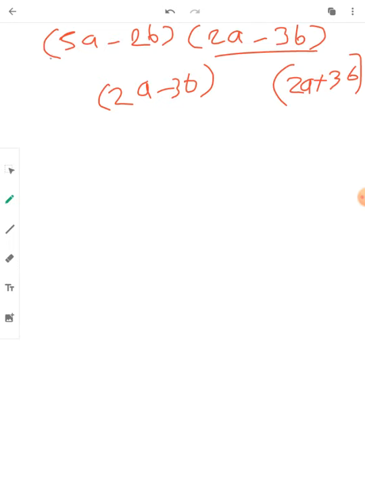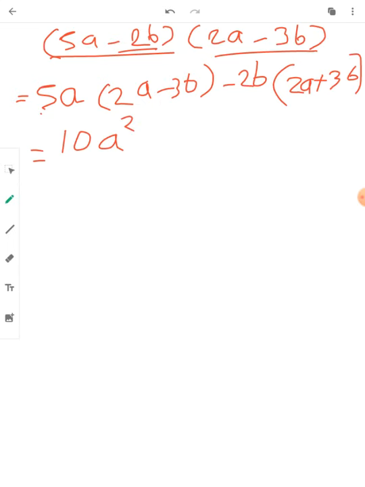So you are going to multiply by this. 5a is not 59. 5a. Without changing the sign, write it over here. Minus 2b. Okay. So 5 times 2 is 10.